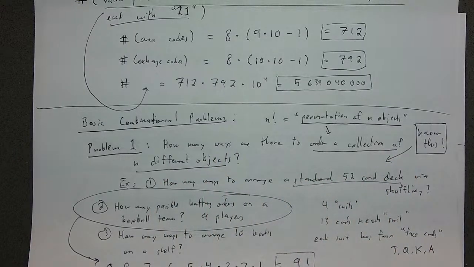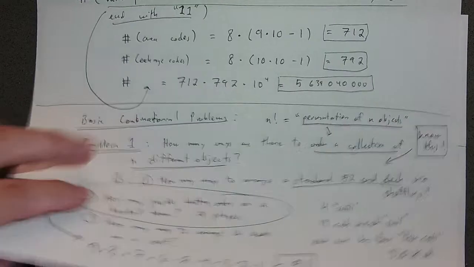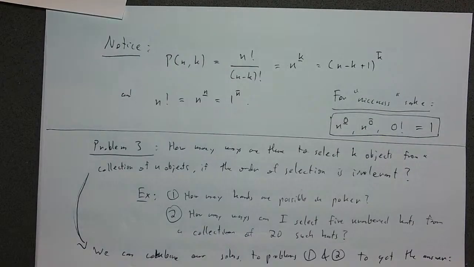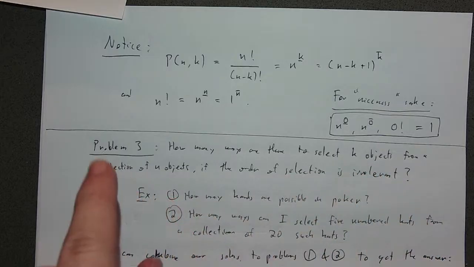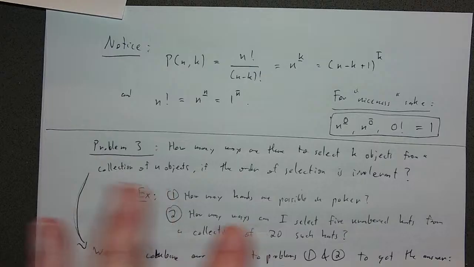If we are talking about k objects here, how many ways can those be ordered would be k factorial. So if I knew the number of ways to select k objects from a collection of n objects, then that number times k factorial would be the number of possible ordered lists of k objects selected from the same collection.